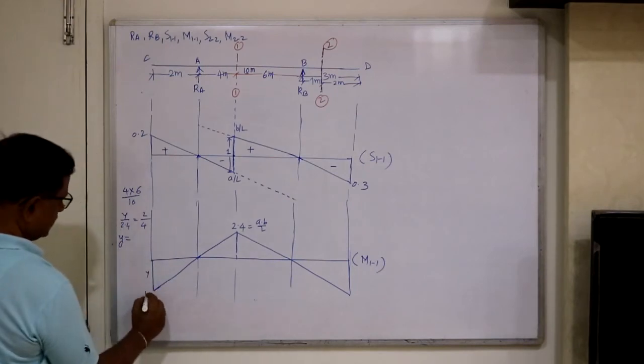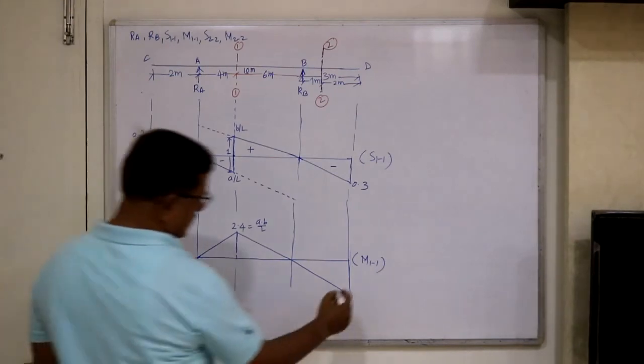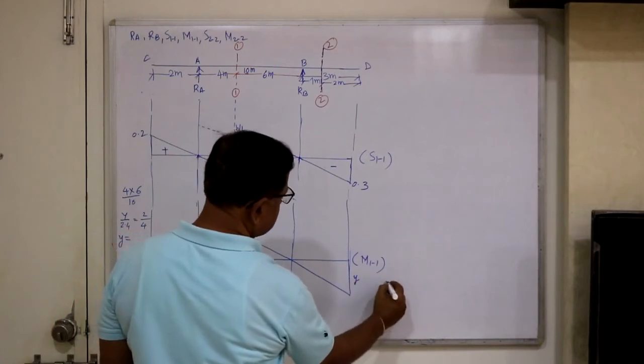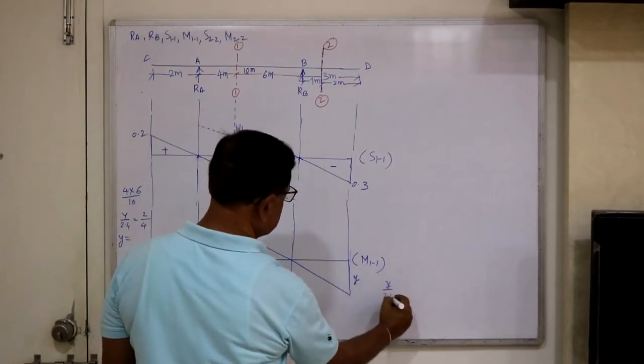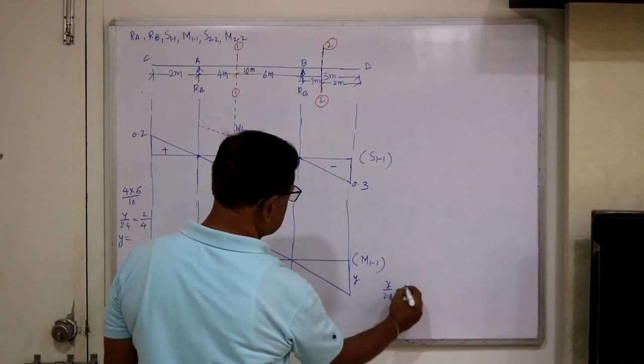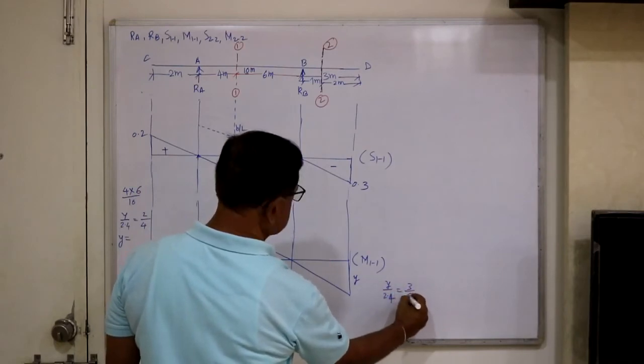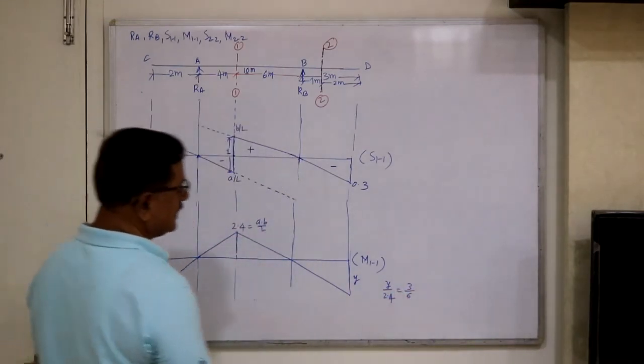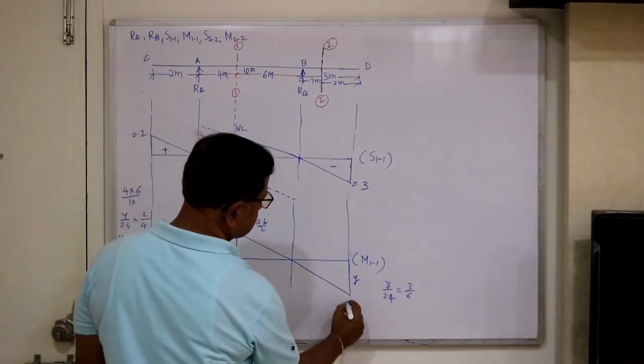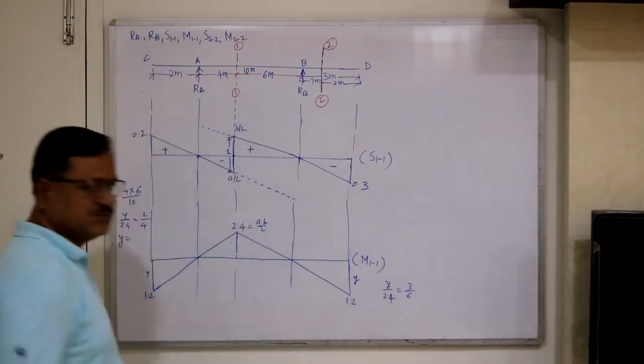So this is 1.2. Similarly, if this is y, so you can find out y divided by 2.4 equal to 3 divided by 6. Again 1.2.